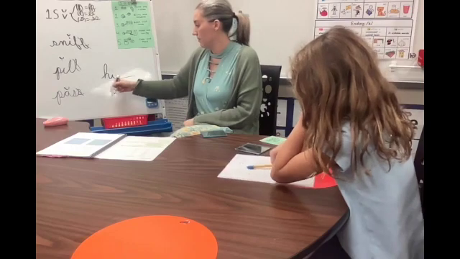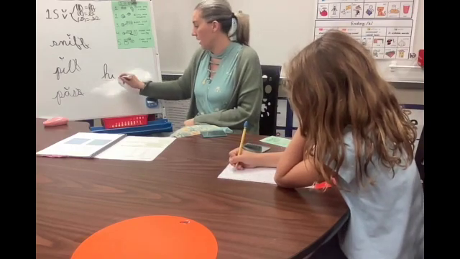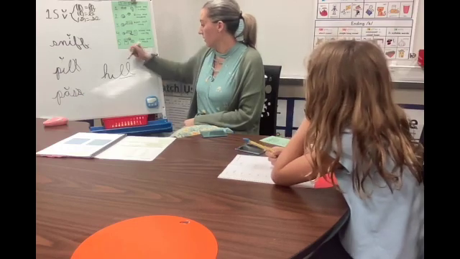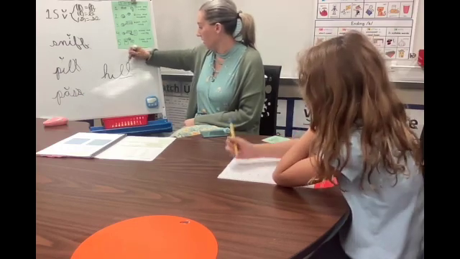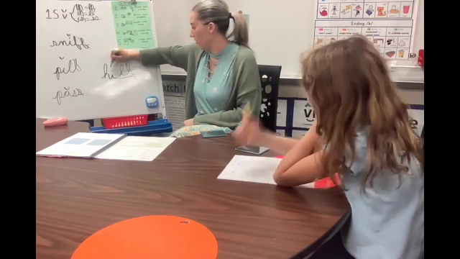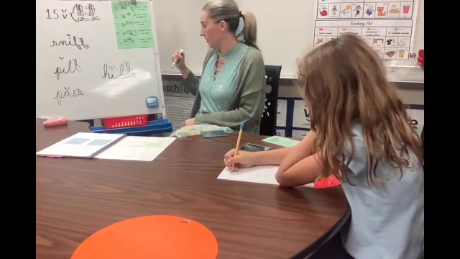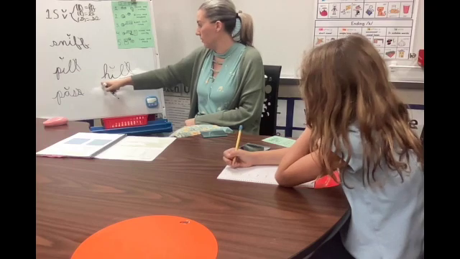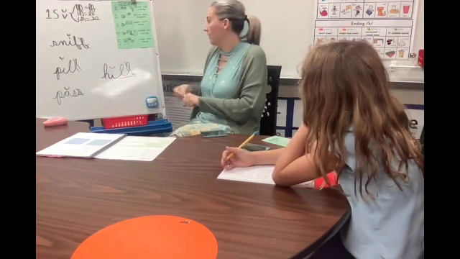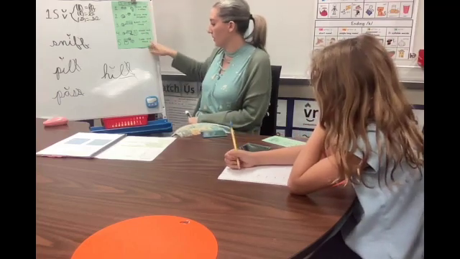Then I have to write it on the paper. H-I-L-L. Second consonant silent, cross it out. Short vowel gets a breathe. What's our word? Hill. Good.